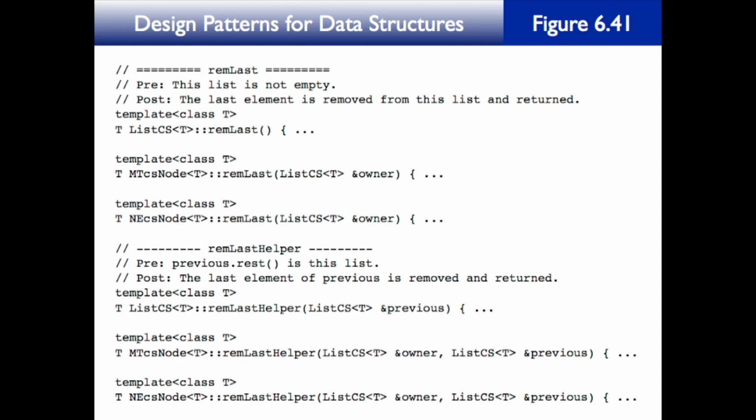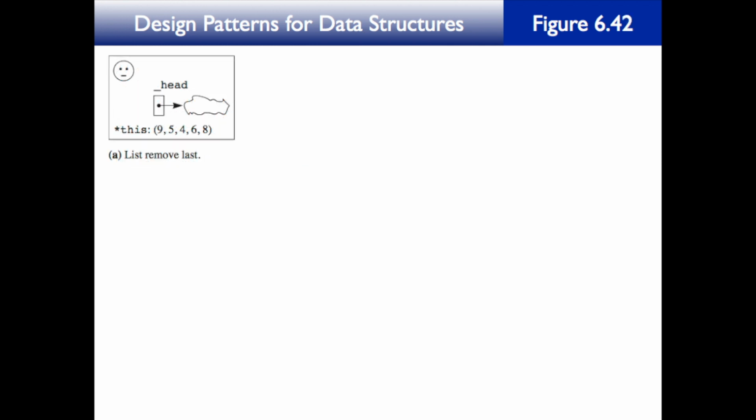They have owner as well as previous. So why in the world do we need owner as well as previous? Well, what's going to happen is previous is going to be the list previous to the owner, and then the owner will be the list that owns this node. So let's take a look at the snapshot of an execution trace.